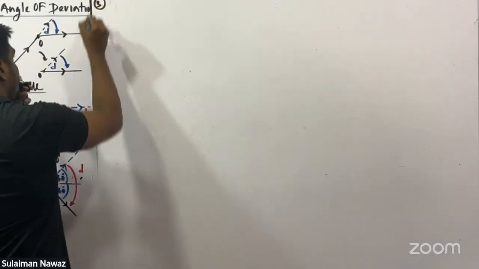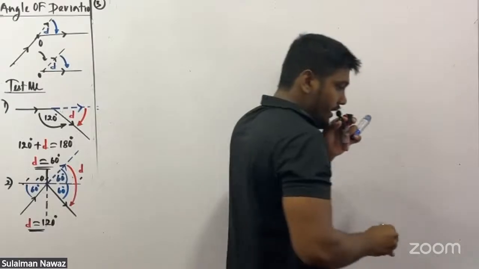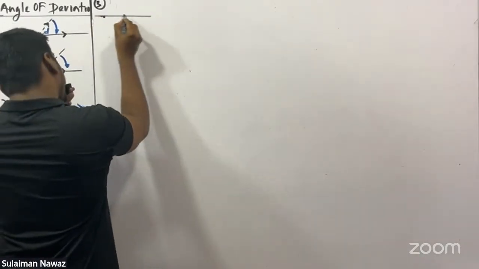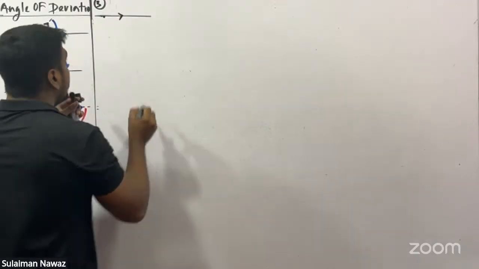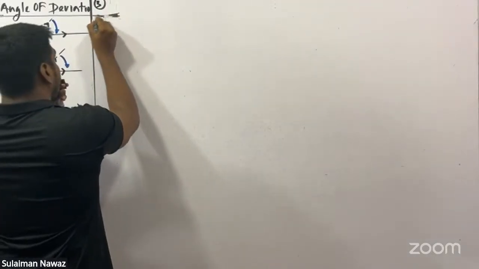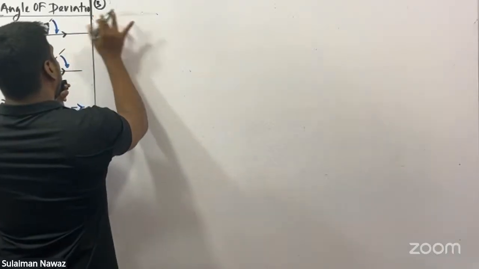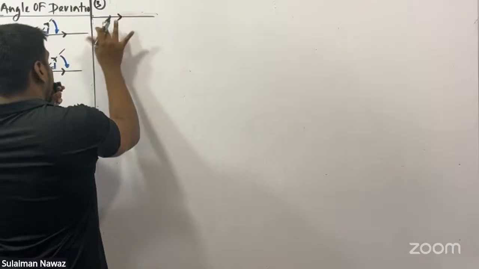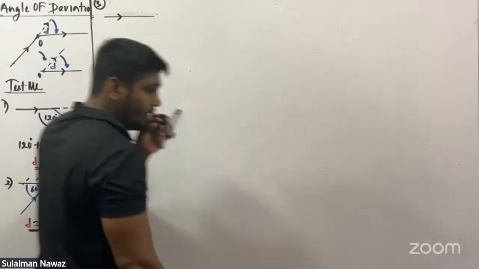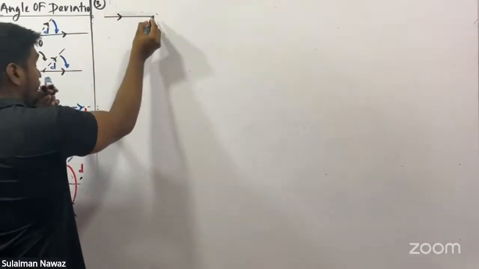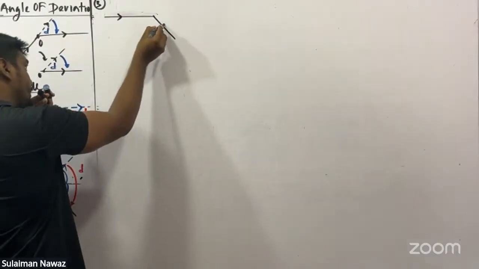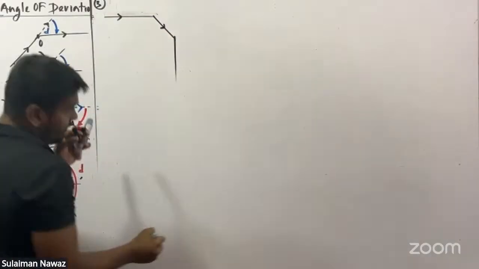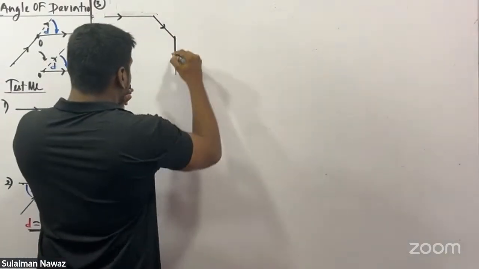In the third one, the initial direction of the light ray is horizontal. Then it undergoes a change in path this way. Again, there's a change in path in this way. The light ray is moving vertically downwards.